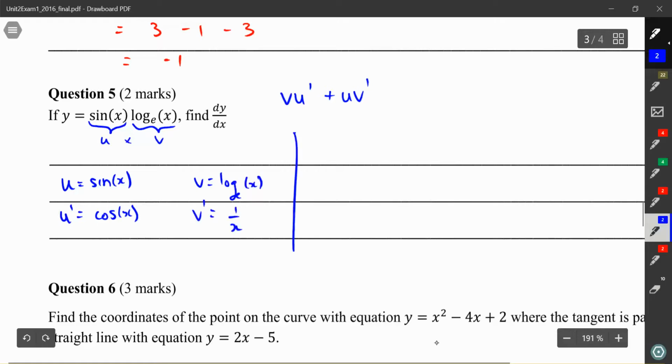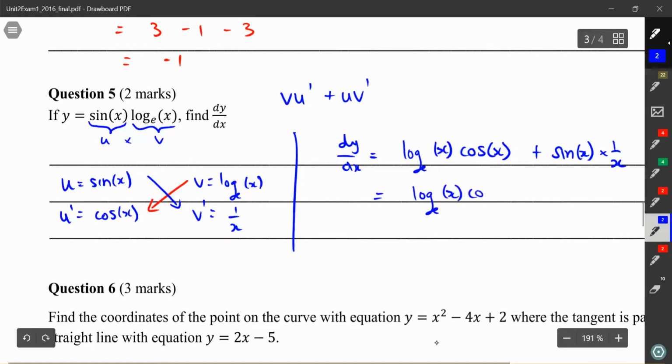Then using the rule, dy dx has to equal VU dash, so V times the U dash, and you get log E of x multiplied to cos of x, plus U times V dash, so U, which is sine of x, multiplied to 1 on x. And that's my answer right there. It's log E of x multiplied to cos of x plus sine of x over x. There you go. Product rule.